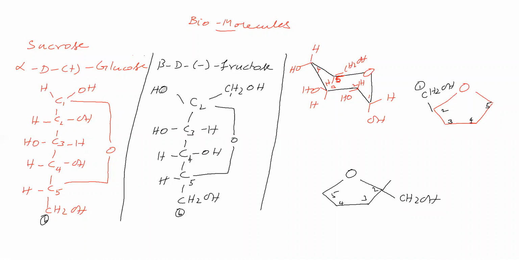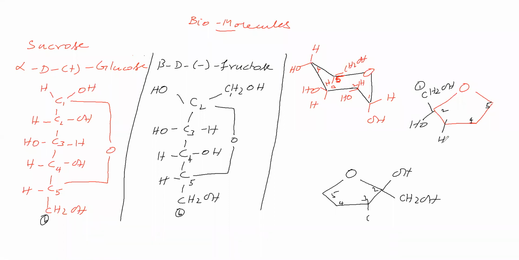Sir, C2 carbon left side is OH. That left side we write down here, but here you have to write up. Sir, C3 carbon is having OH group on the left side. Left side you write top. But here left side, okay, one correction here.